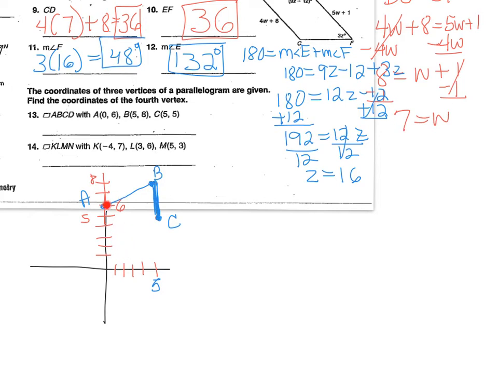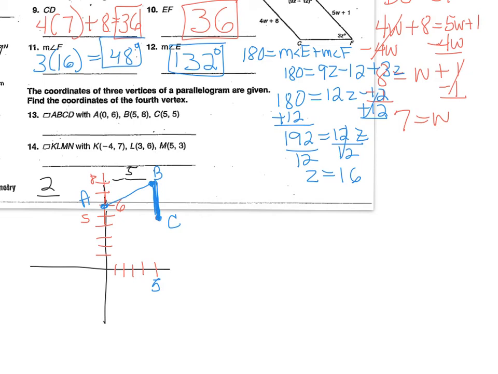If I know the slope of AB, I can just repeat it down here and find the vertex of the point D. Looking at this, the slope going from 6 to 8 is 2 units, and from 0 to 5 is 5 units. So this is going from A to B. What about from B to A?